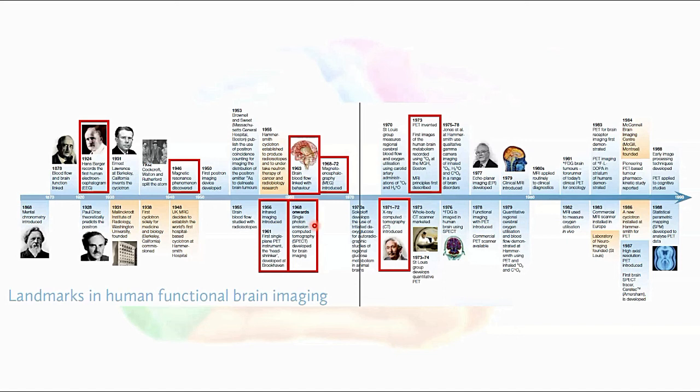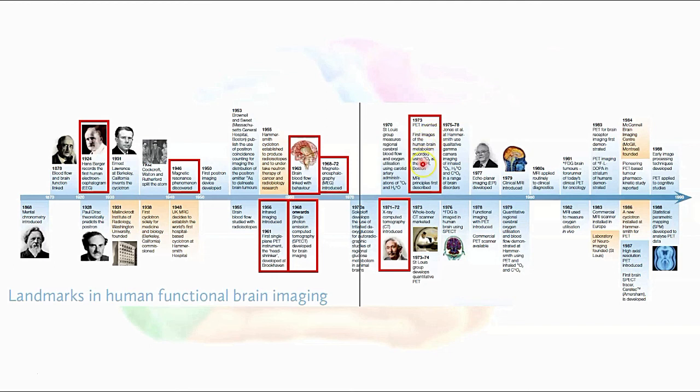The device is now used for research and to diagnose certain cancers, brain diseases, and heart problems. Next comes SPECT in 1968 onwards. In 1968, David Cohen performed the first MEG at the Massachusetts Institute of Technology.